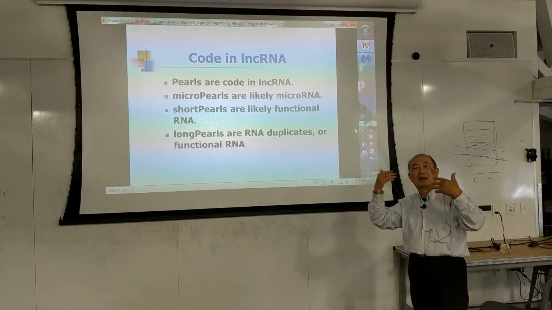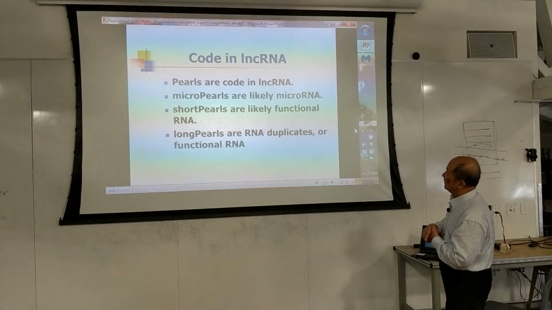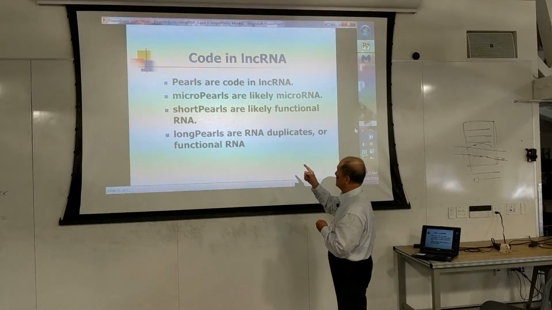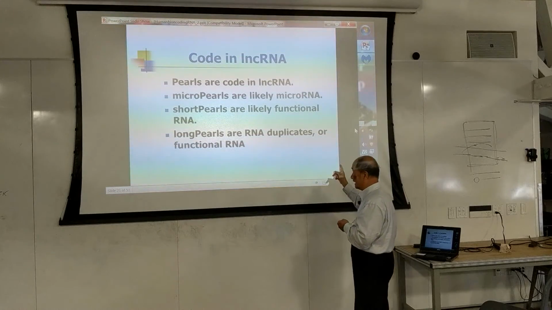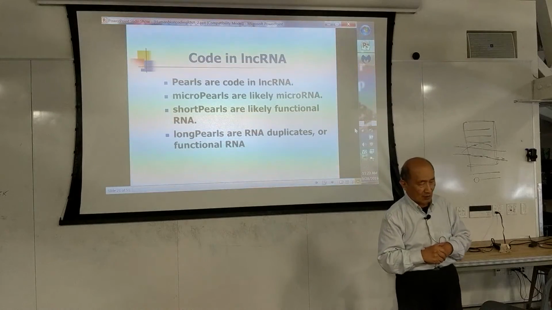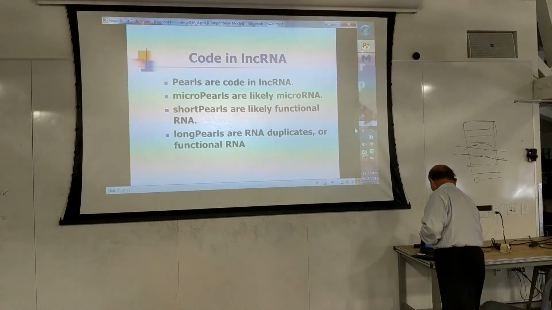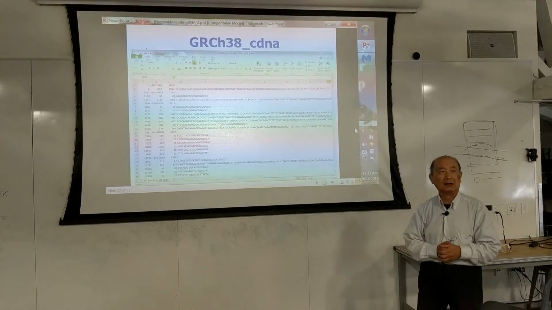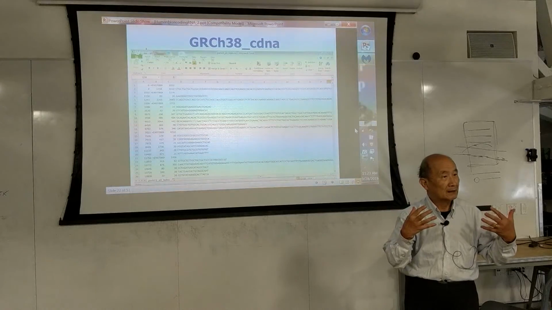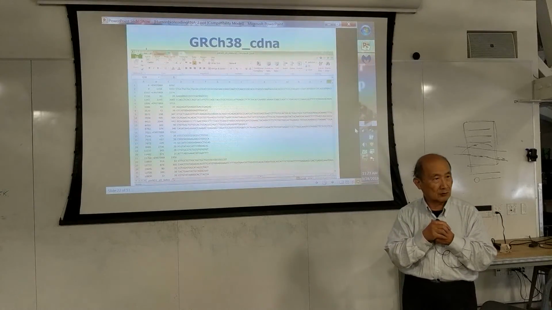Okay, short pairs are likely functional RNA, and long pairs are duplicates, or some of these very long ones might be functional. We found a few RNAs which are actually functional, especially what they call the ribosome RNA. These are RNA molecules which build a ribosome.